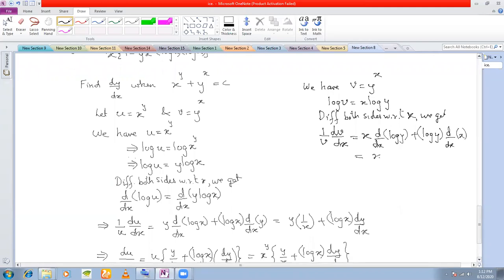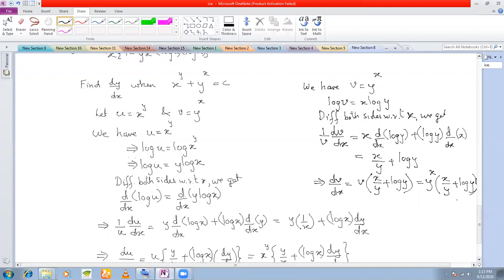So this is x by y plus log y into 1, which is log y. Okay. So that means what do you get? dv dx is equal to v into x by y plus log y. And what is v? v is y to the power of x, into x by y plus log y. Okay.